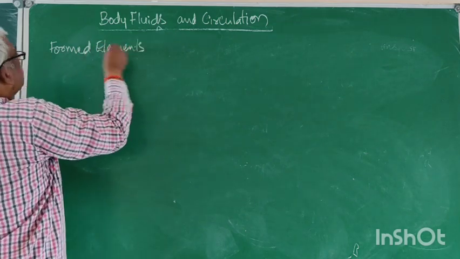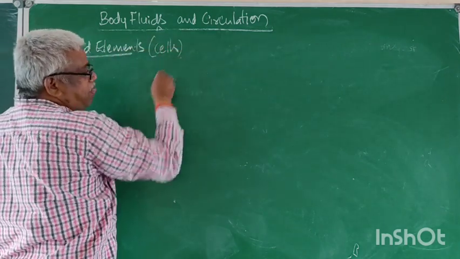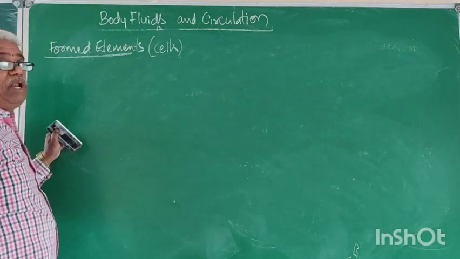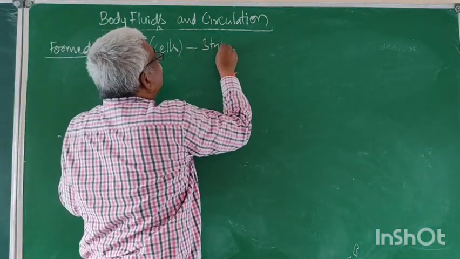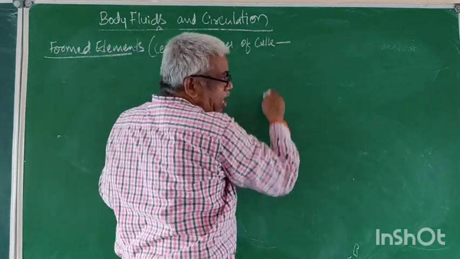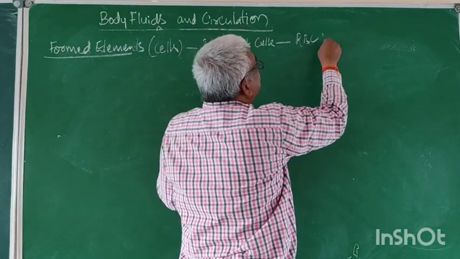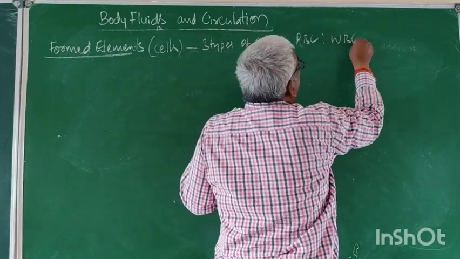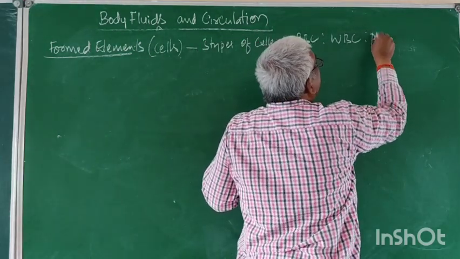Formed elements, also called cells. The blood contains three types of cells: RBC, red blood corpuscles, WBC, white blood corpuscles, and platelets.